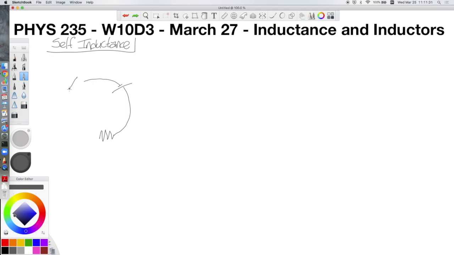The resistor is really only there so we don't get an infinite amount of current. It's not actually important to this process. Where this is a switch, and this is a battery, and this is a resistor. And we want to ask ourselves, if we close this switch, what happens?